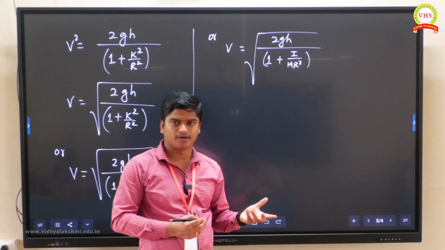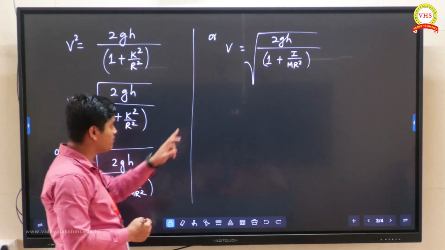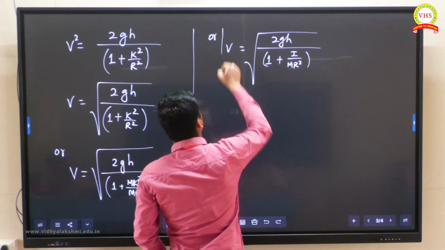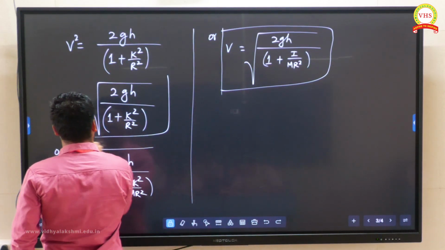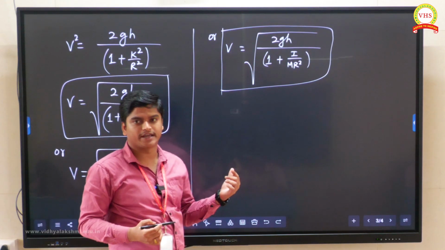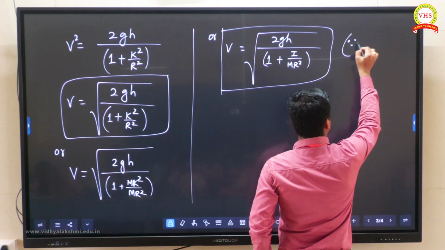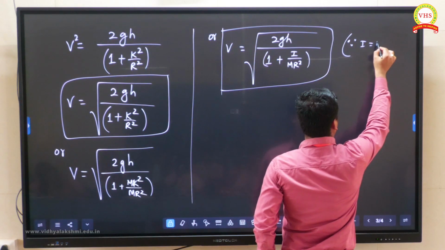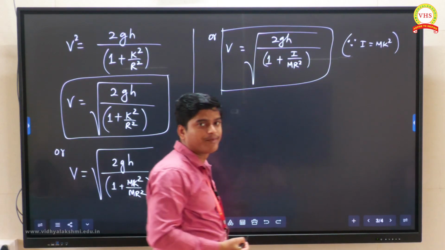But I equal to mk squared you can always write. That is the reason mk squared was written there as I. So remember either this expression or this expression. Here k is the radius of gyration and I is the moment of inertia.